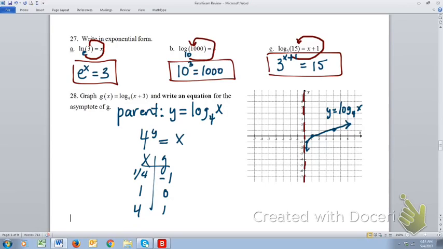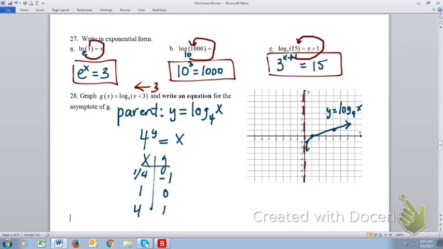Now notice log base 4 of x plus 3. Because that 3 is inside with the x, we're going to have a horizontal shift. If the plus 3 had been outside of where the x is, we would have had a vertical shift. So here, horizontal, we're going to go left 3. This graph that we just drew, we need to move it left 3.